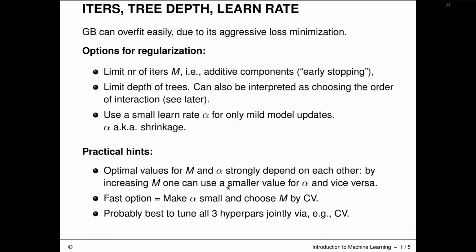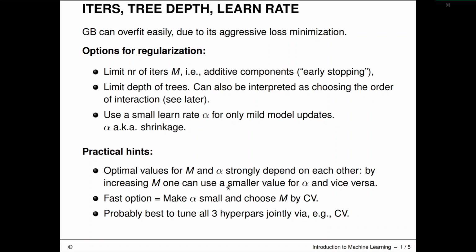So, some practical hints. First of all, it should be very clear that the optimal values of M and alpha strongly depend on each other. If we do more iterations, we can use a smaller value for our learning rate and vice versa. If we only do a few iterations, we probably have to use a higher learning rate.